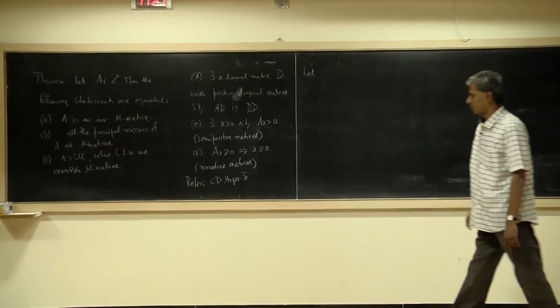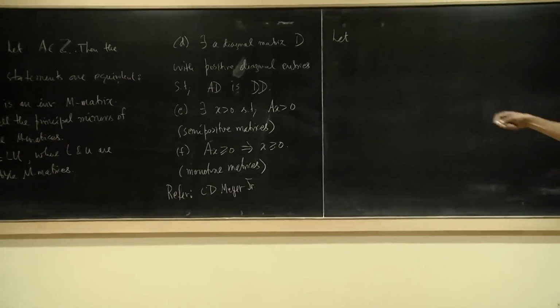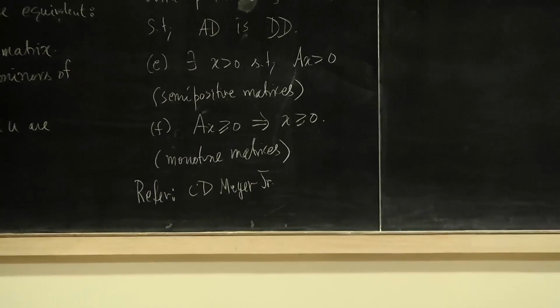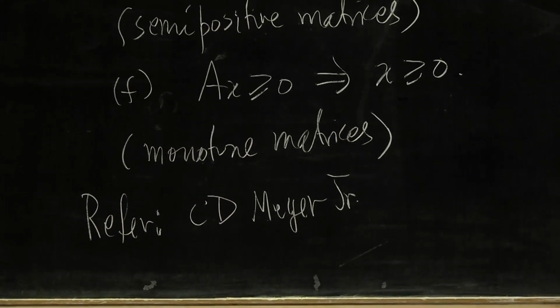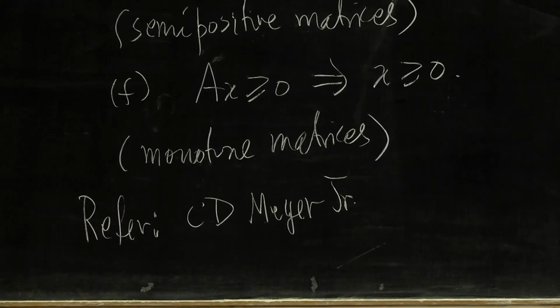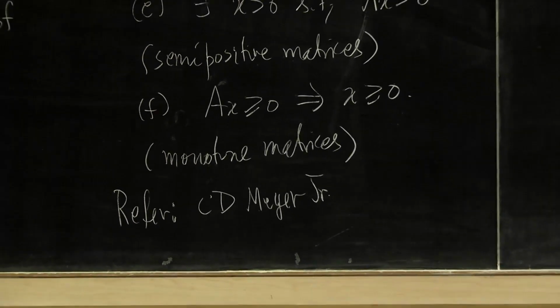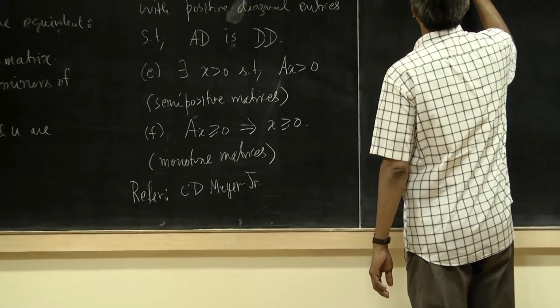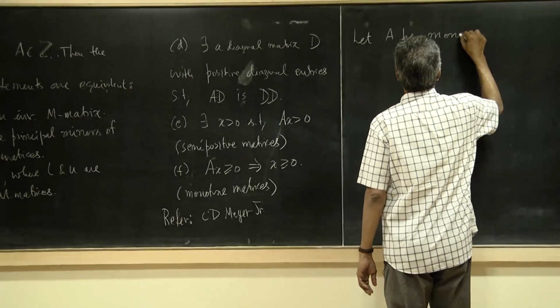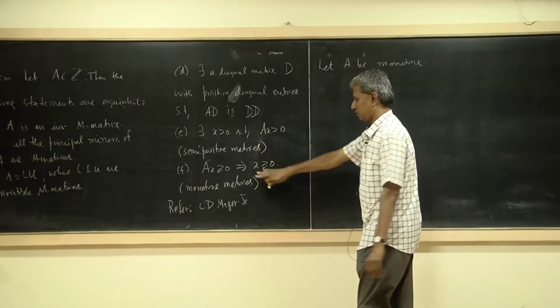Let me make a few statements about statement F, and how it is related to a notion given in terms of the linear complementarity problem. Let A be monotone, meaning that A satisfies this condition.